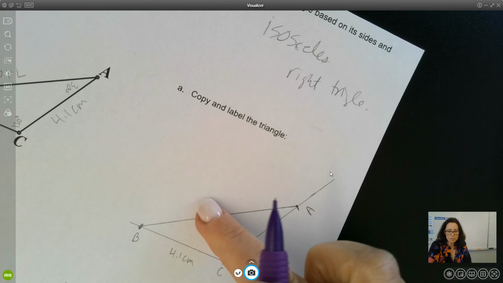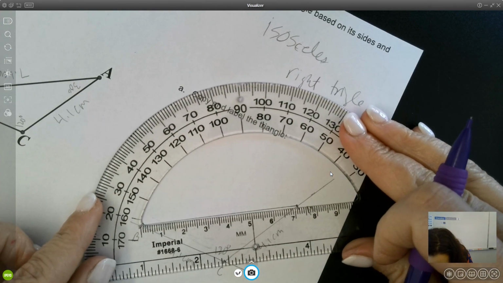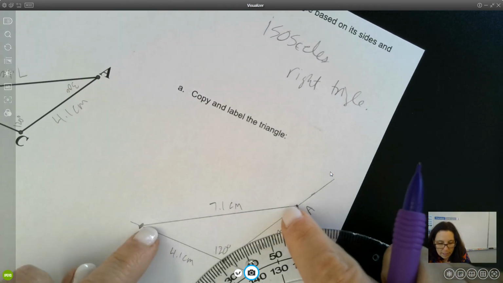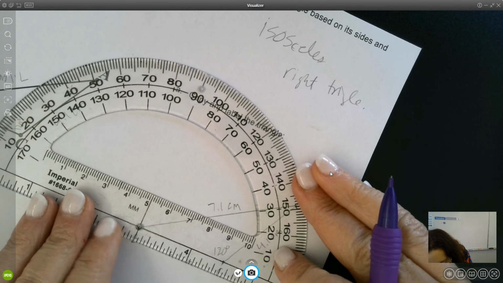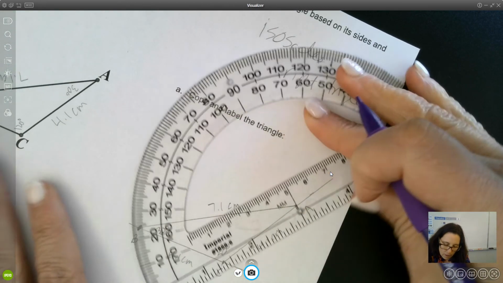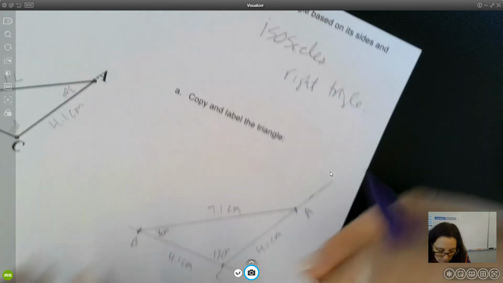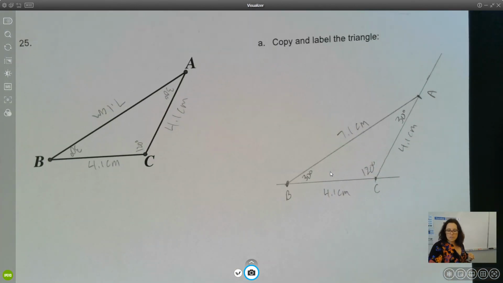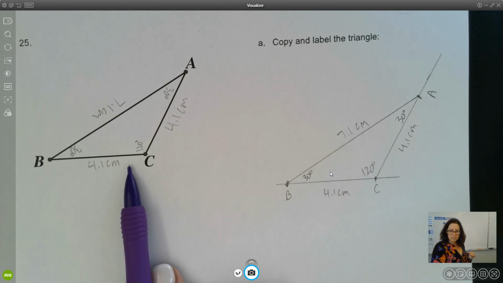And then I need to measure this to make sure it's 7.1 or something very close, which it is. And then I need to measure both these angles and make sure that they're 30 or something very close. That one is to the nearest degree, 30. And this guy, same thing, to the nearest degree, 30. All right, so if you look at my two triangles, this is a duplicate as good as I can as a human of this one.